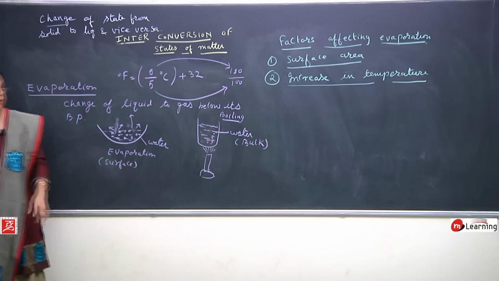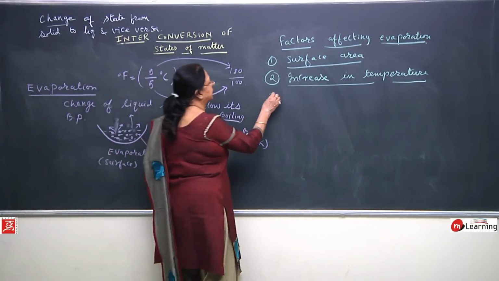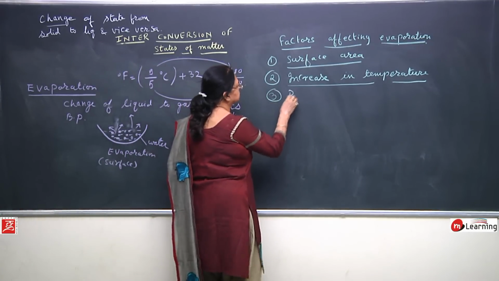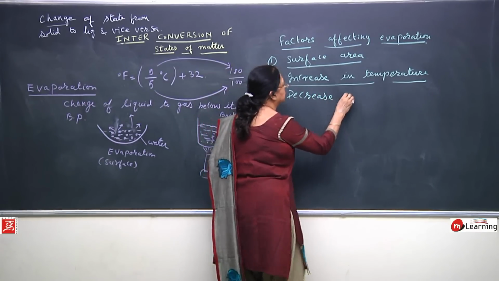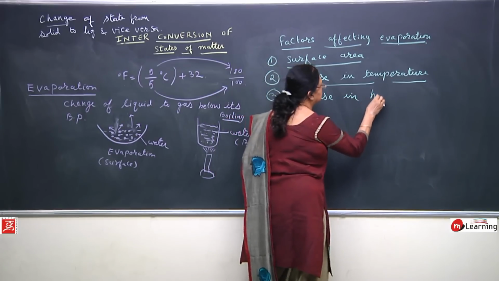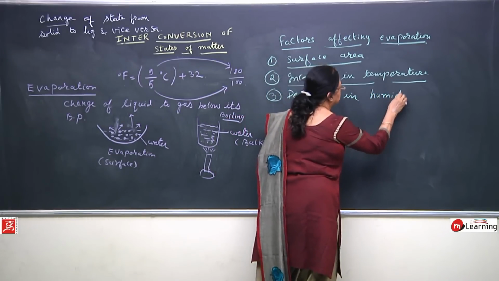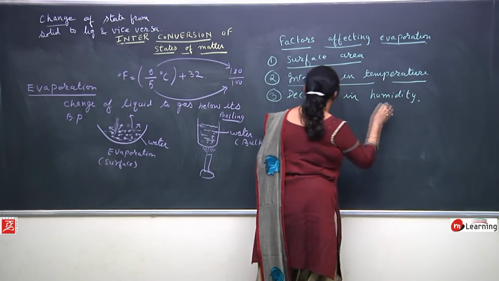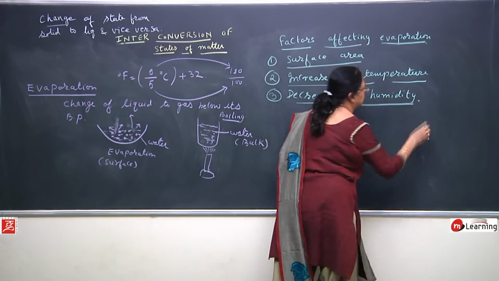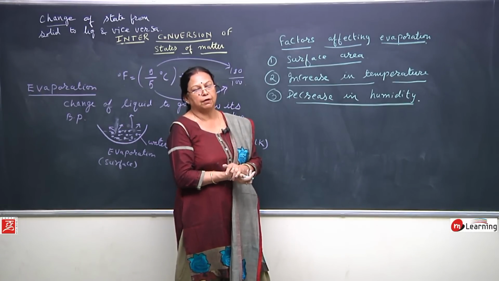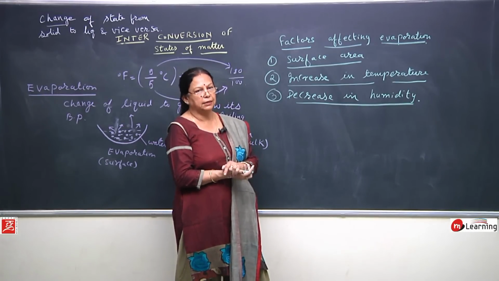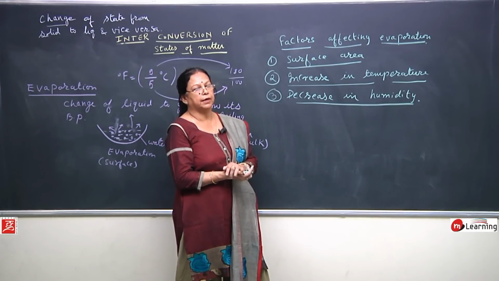Then next is decrease in humidity. What is humidity, children? The amount of water vapor present in the air is called humidity.